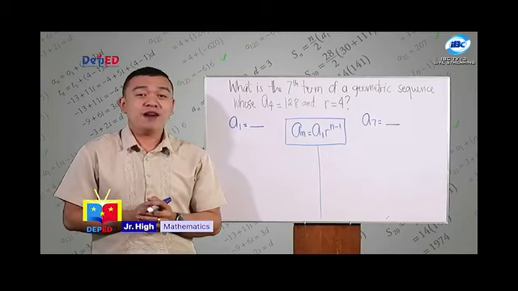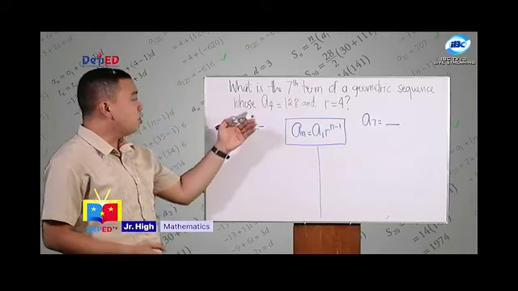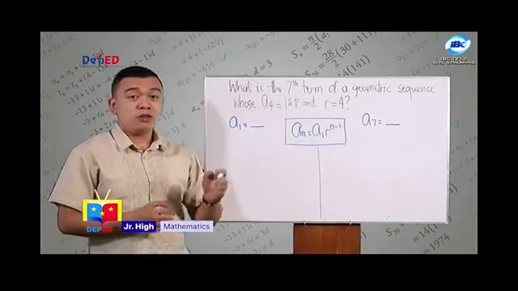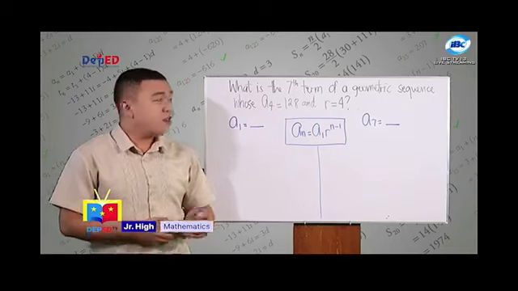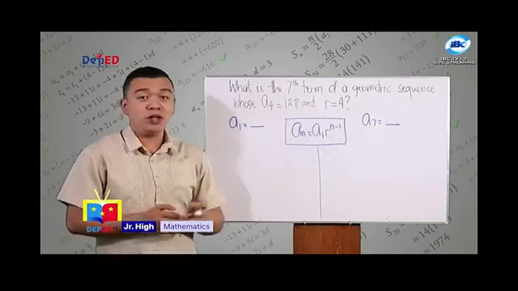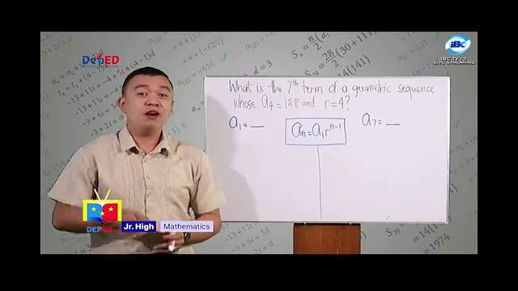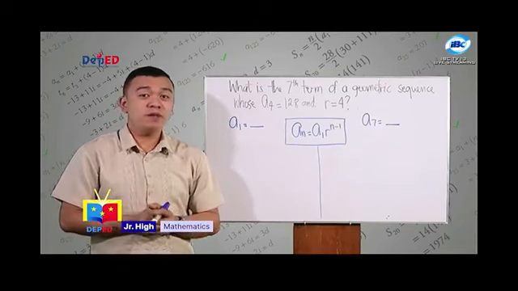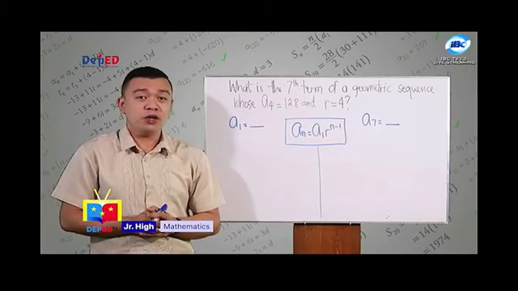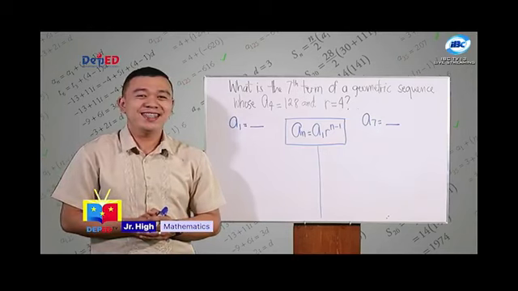First, identify the given values and the unknown variables. For this problem, the given terms are a sub 4, or the fourth term, which is equal to 128, and the common ratio, which is equal to 4. There are two unknowns: the first term, or a sub 1, and the seventh term, or a sub 7.